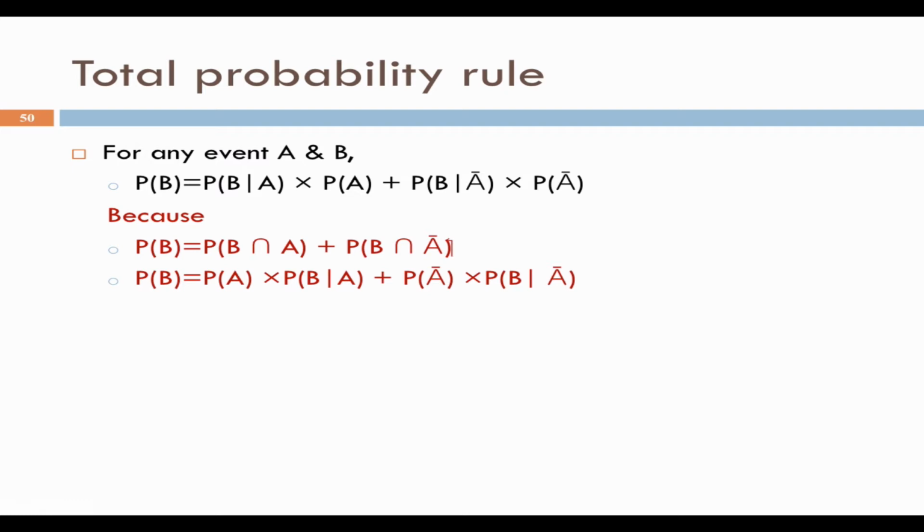If you have any two events, the probability of B equals the probability of B conditional on A multiplied by the probability of A, plus the probability of B conditional on A complement multiplied by the probability of A complement.